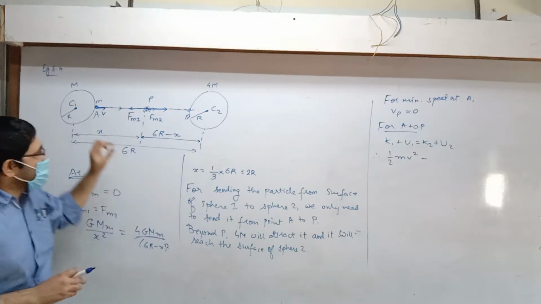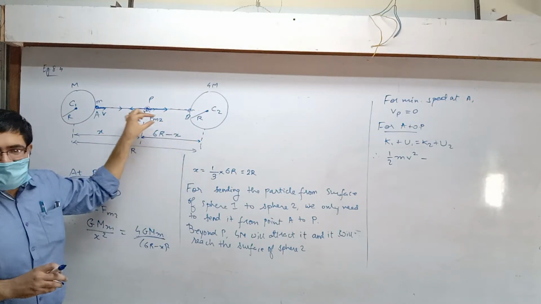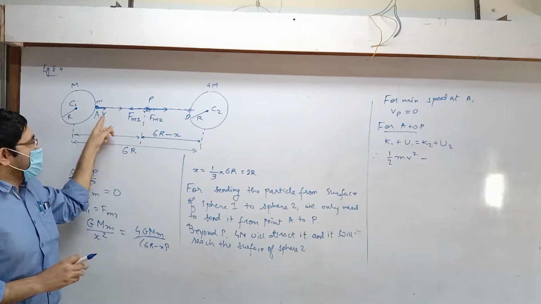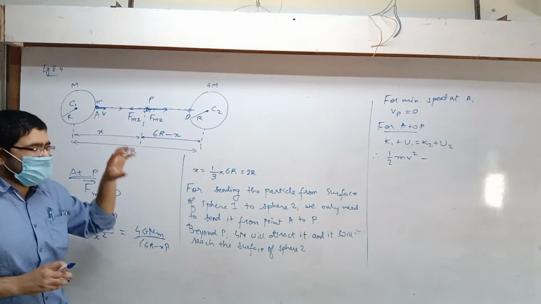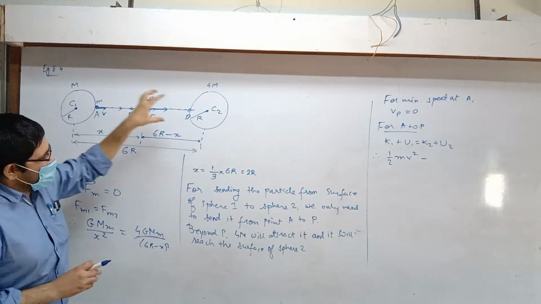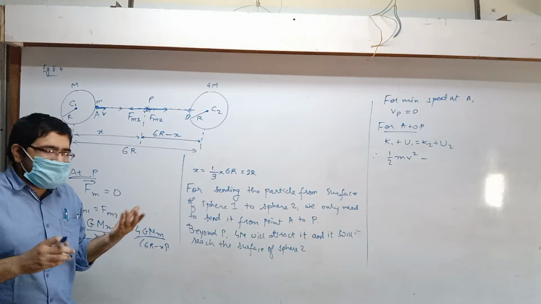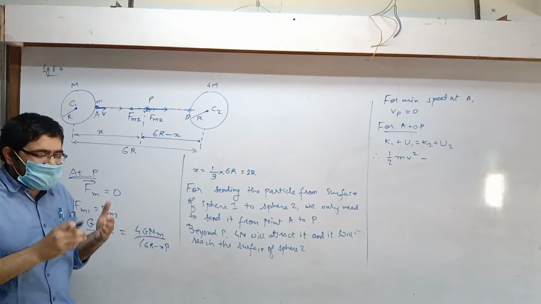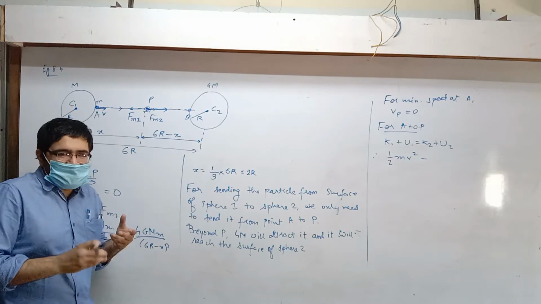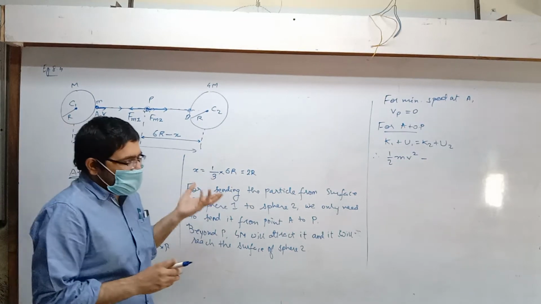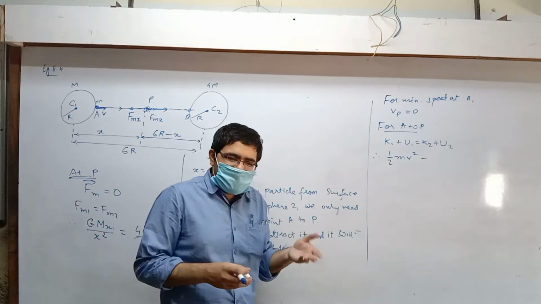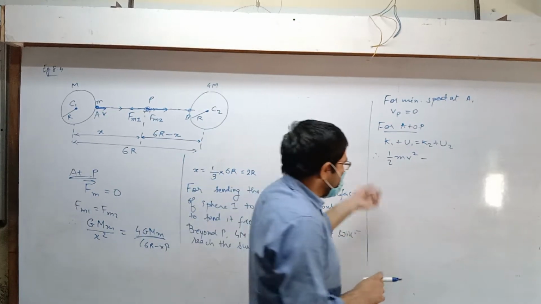Clear or not clear? Only the small mass m will move. That means the potential energy of small m with these two will change, but the potential energy of capital M with 4 capital M will not change. So you can ignore that one because only the change is important. Suppose you don't ignore it, no problem: write all the terms, and that term will always get cancelled.